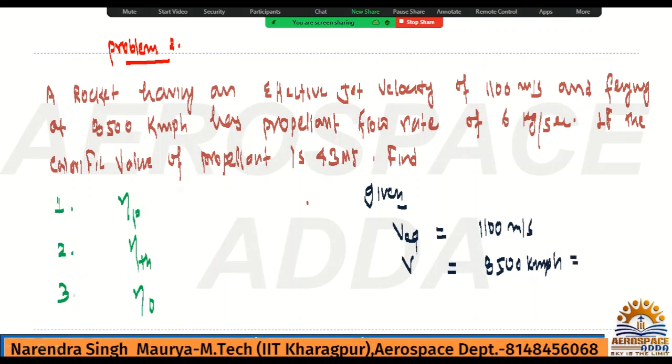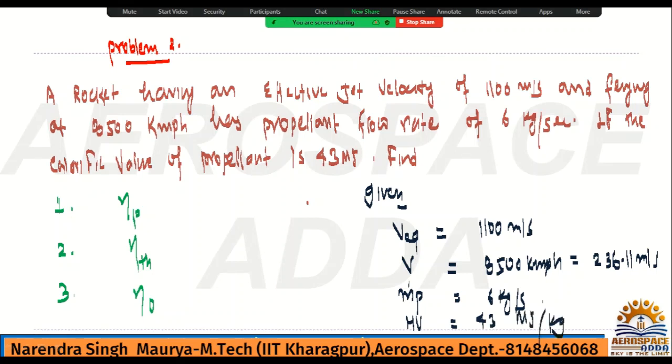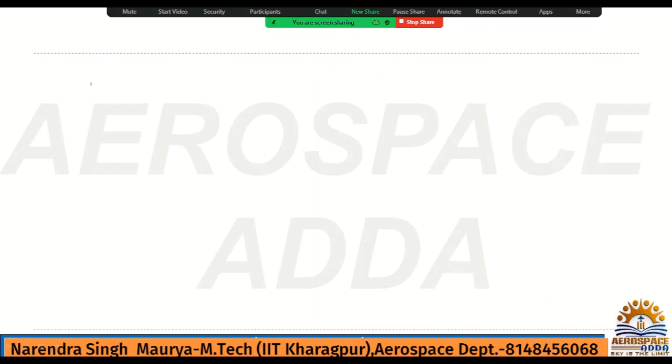If you convert it into meter per second, you will get 236.11 meter per second. Okay, mass of the propellant here is given as 6 kg per second, and heat value for the propellant they have given is 43 megajoule per kg.